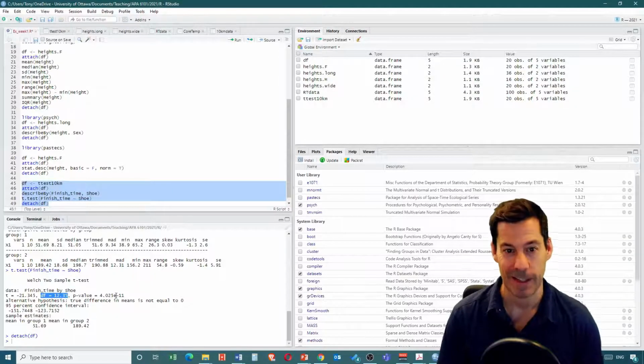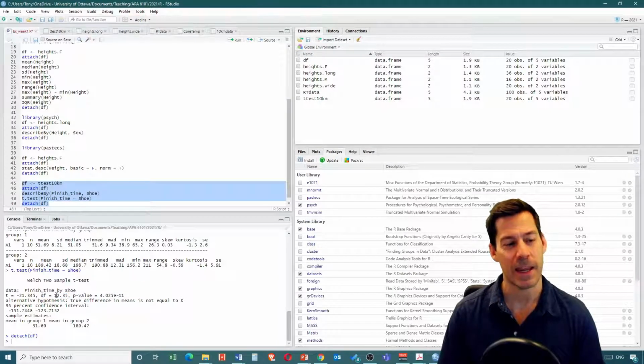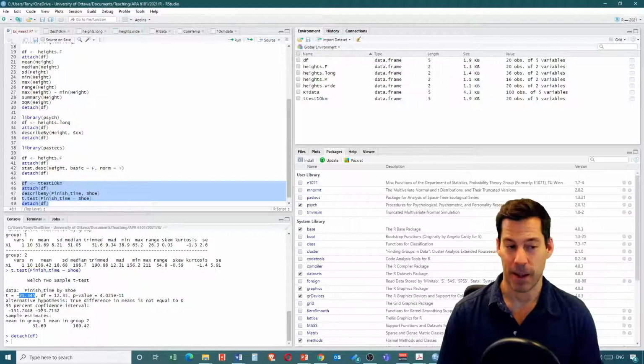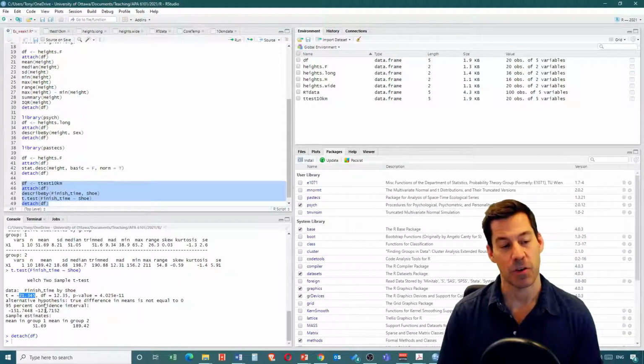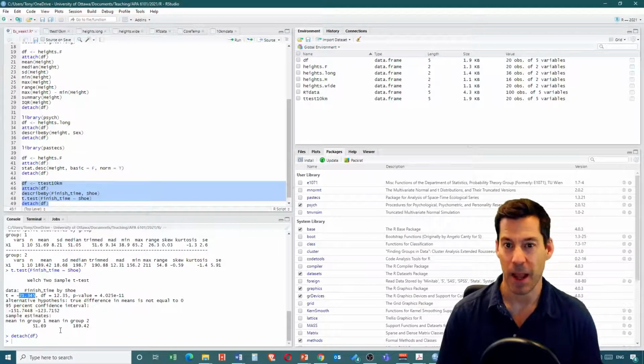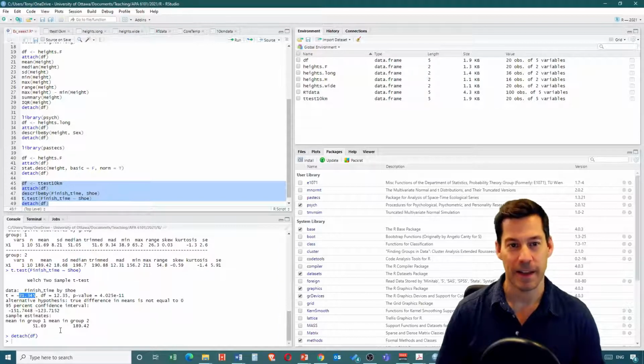So it's still significant to a super high degree, and we can expect that because our t ratio is 21.345. It will also give us our 95% confidence intervals of the difference. Okay, so the 95% confidence intervals of the difference are negative 151 up to negative 123, and we see our mean group differences. Okay, and that's all there is to doing a t-test in R.